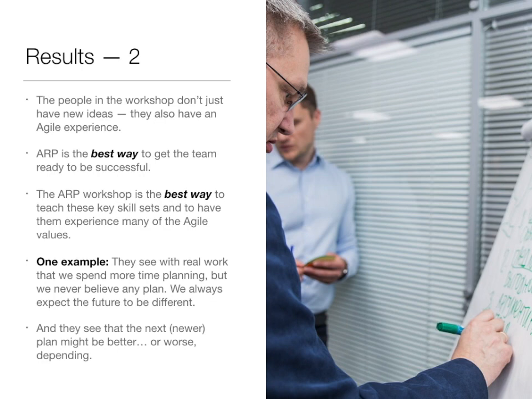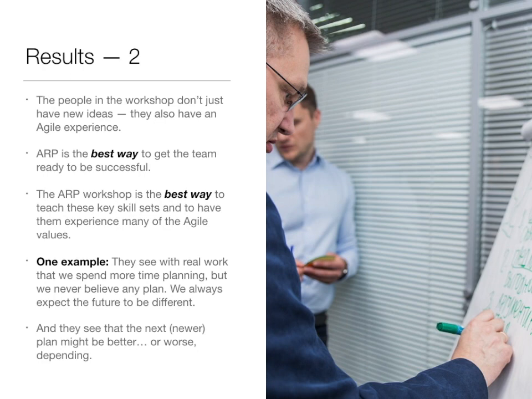Particularly this workshop is the best way to teach them both these overall skills, these high-level concepts, these agile principles, but also the more tactical skill sets to actually do things, such as do story points and write stories. So we have them experience that as well.